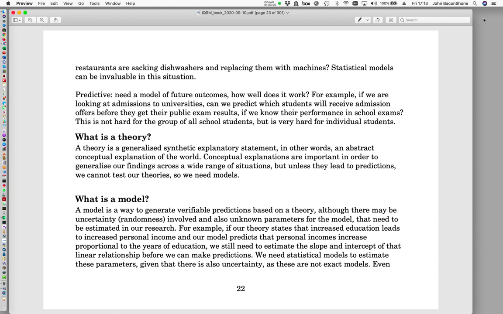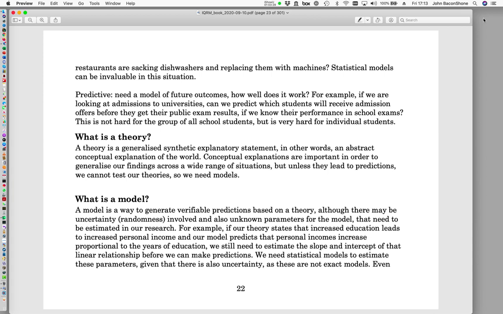In all of these situations, we usually need statistical models to try and help us to understand what the possible explanations are and how they might help us to lead to a policy initiative, right? In these situations, statistical models are really invaluable. And we will talk in some detail about these sort of models later on.